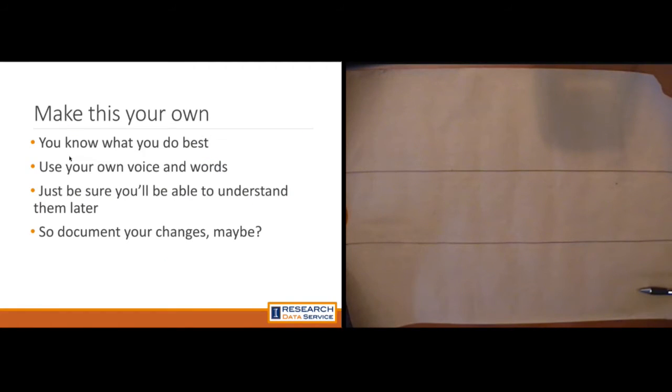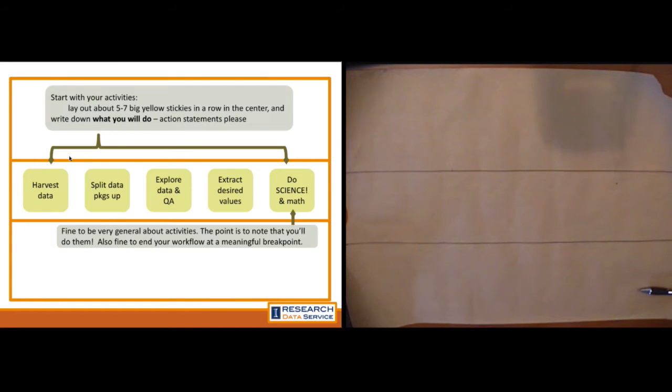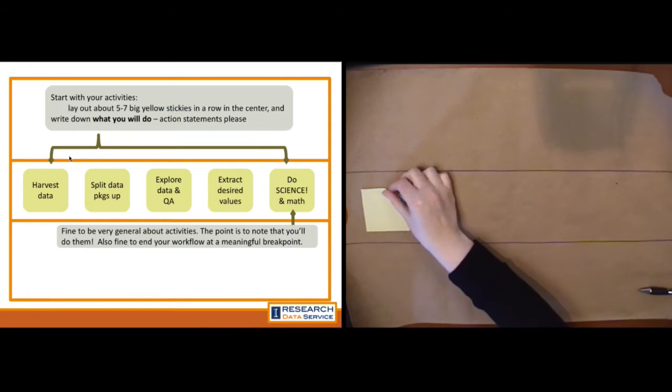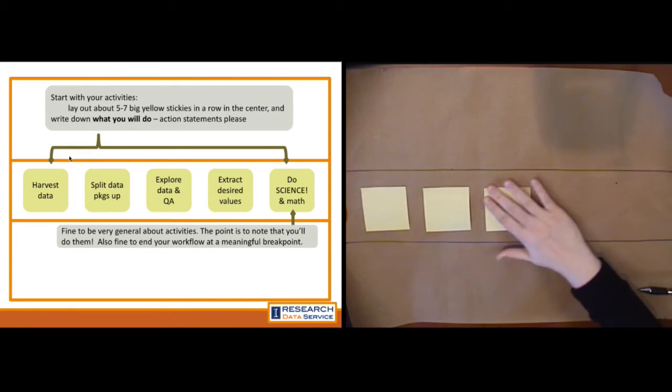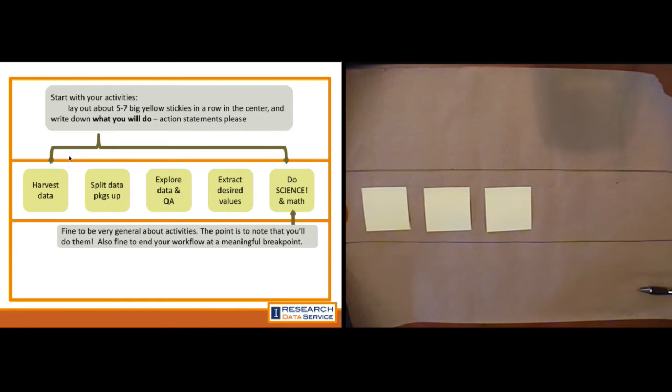And again, make this your own; if you're changing it, write it down so you remember what's going on. As a first step, I'd like you to lay out, I usually say start with 5 plus or minus 2. Again, we're thinking very large scale. So lay out about 5 of the big Post-it notes, or you can be drawing boxes on the paper. But just start with 5.